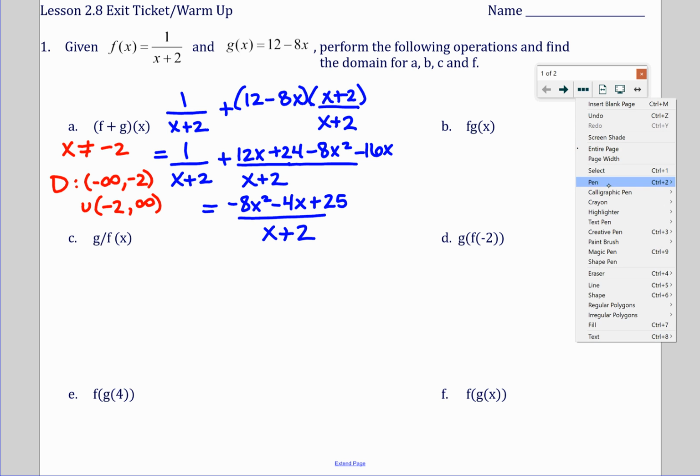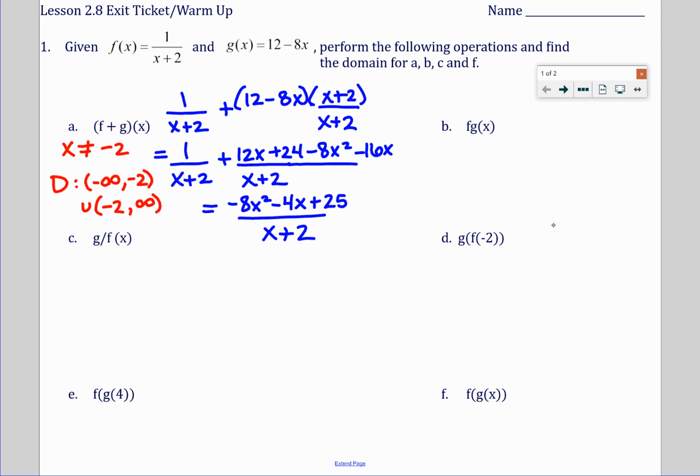B, we are multiplying them together. So I have 1 over x plus 2 times 12 minus 8x. You can think of that as over 1 if you want. We're multiplying straight across. 12 minus 8x over x plus 2. And then you want to look to see if you can reduce this at all.